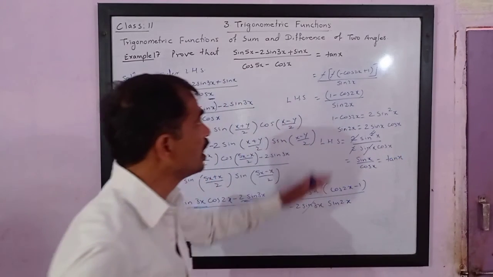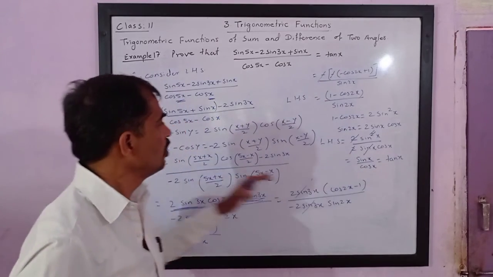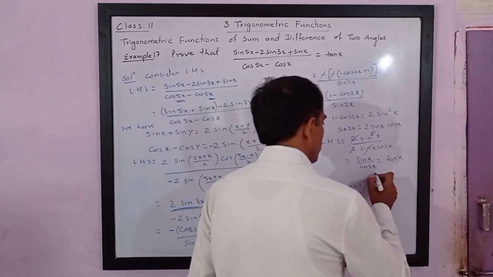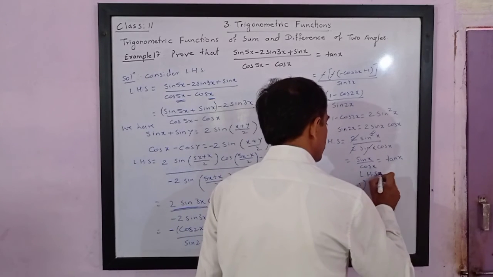Now look at the RHS. RHS is tan x, so we were solving LHS and we have reached tan x, which means LHS is equal to RHS.